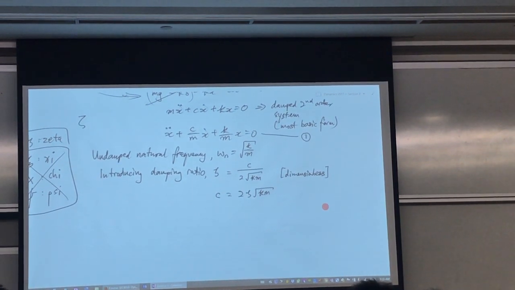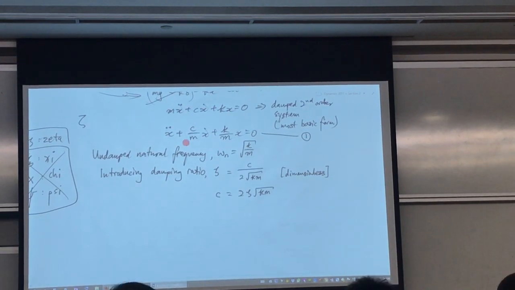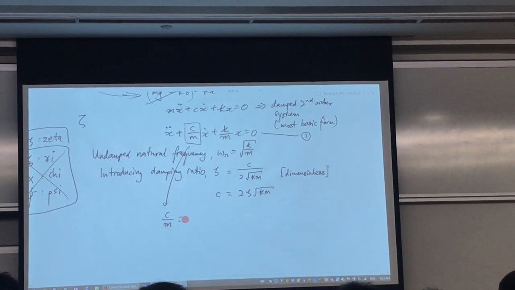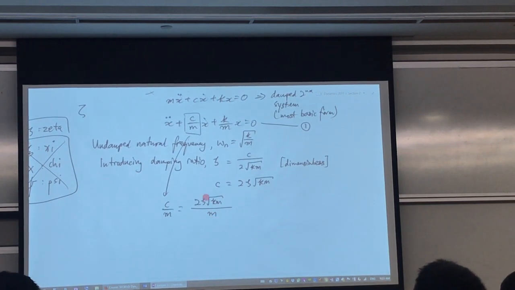So, this term over here we have seen before. For a second order system, this term C over M is actually equal to, if I put in 2 zeta square root km for C and then divide by M, I need to simplify this term.